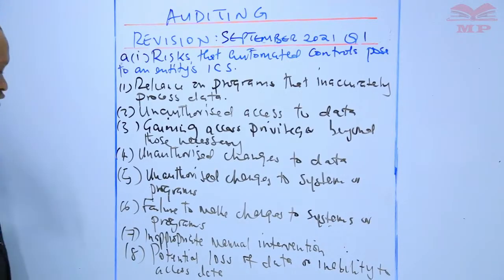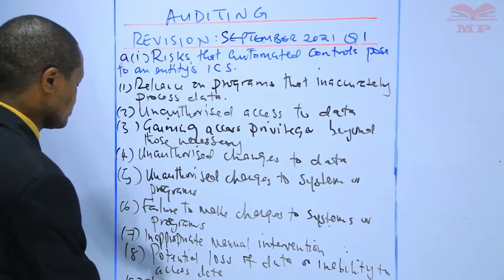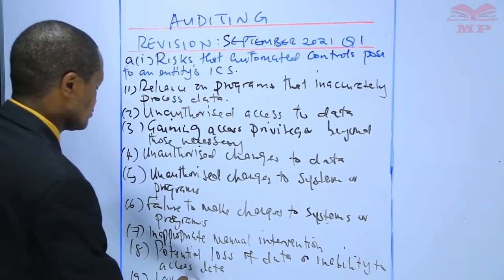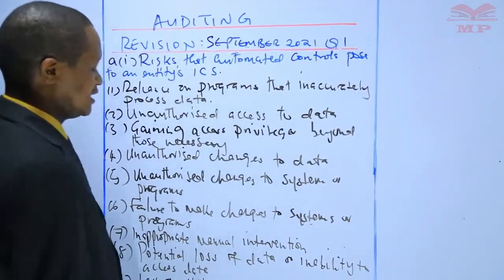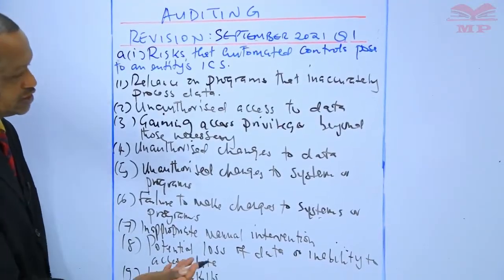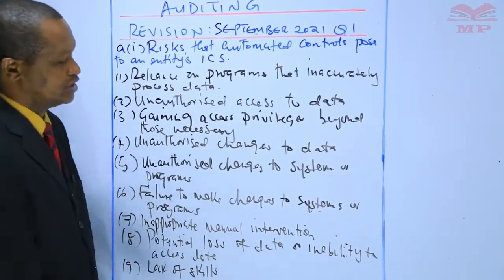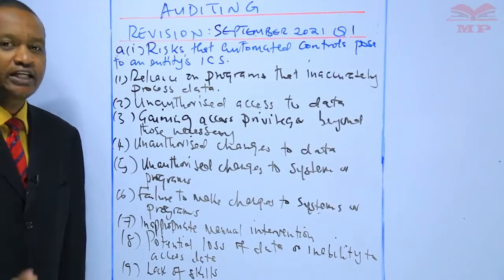Lack of skills, there is also risk in regard to lack of skills. Because candidate accessing the database requires some basic skills. Making changes to the programs, making changes to the systems requires also some level of skills.